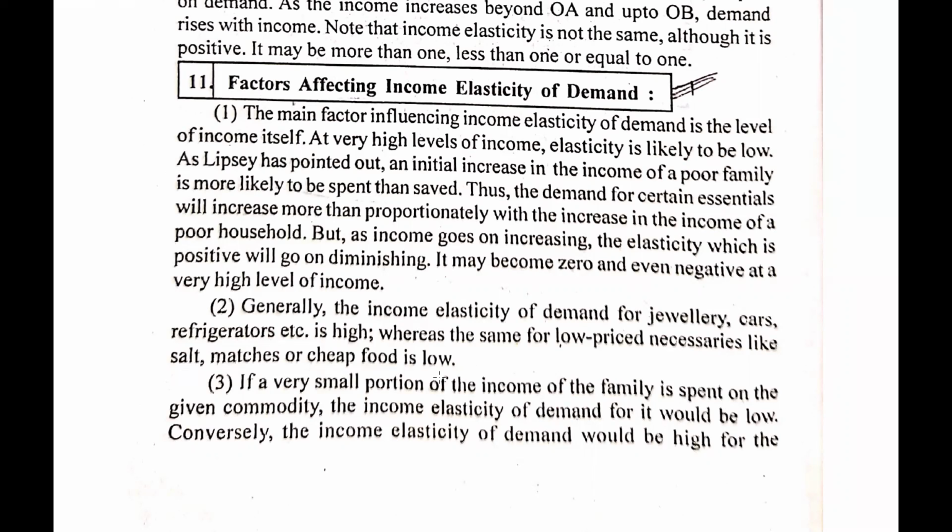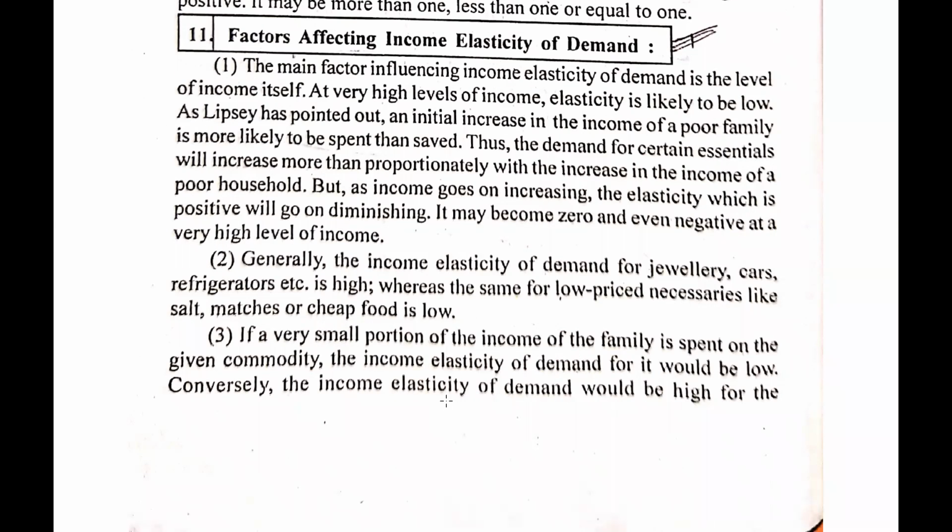But if we take low priced goods, they are quite inelastic with income, because I may earn more or less, but my demand for salt, or cheap food, will remain the same.